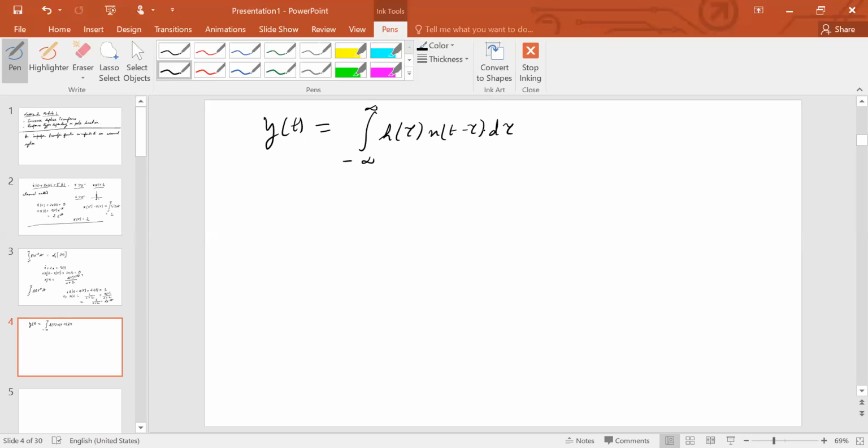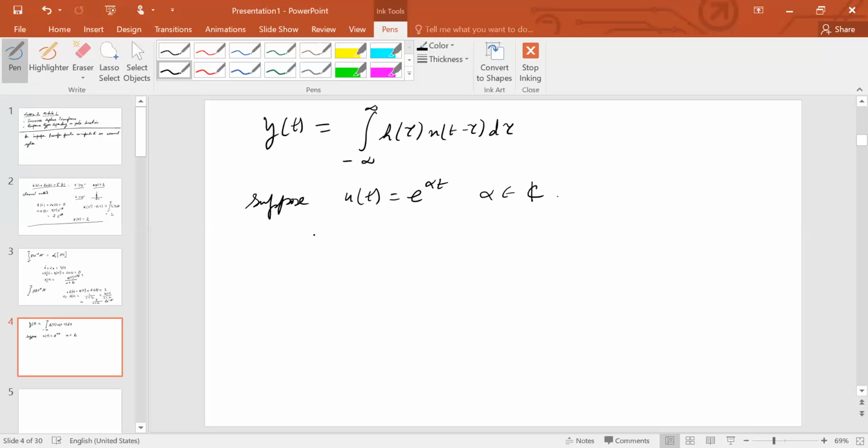Now suppose your input is e to the power alpha t, where alpha is a complex number. Suppose this is your input to the system.